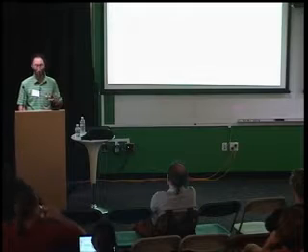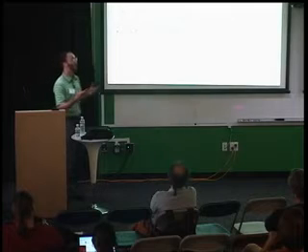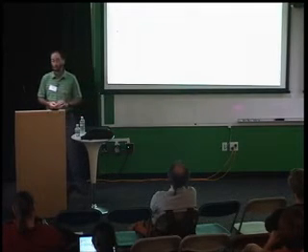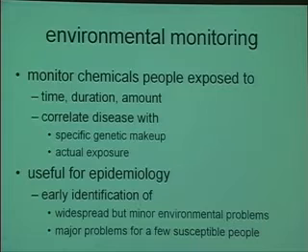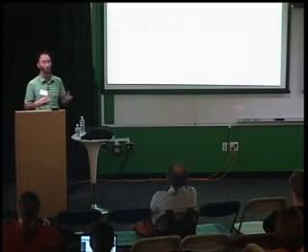And let me just, because I think that will be a little bit less familiar to you, go a little bit over what we might imagine for some kinds of searches that really rely on trust in information and not just because they're enabled by the technology. So if we have lots of distributed sensors and we're interested in environmental monitoring, and we could do this very cheaply and continuously, we can monitor for chemicals that people are actually exposed to, for how long, how much, and so on, and then correlate to, say, disease outcomes with actual exposures and perhaps the specific genetic makeup of these people, and not have to make some more coarse-grained kind of inferences that we have to do today.